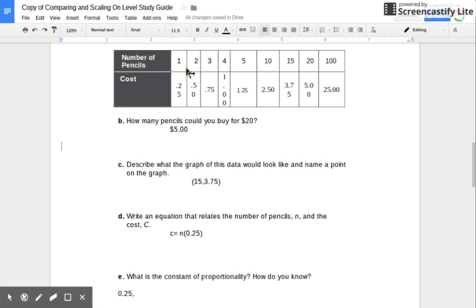Well, we can always look at our unit rate, because really what this is saying is 25 cents per 1 pencil. So for 1 pencil, n, that's going to be 25 cents, and that's where we find our value. And 1 times 25 cents gives us our cost.